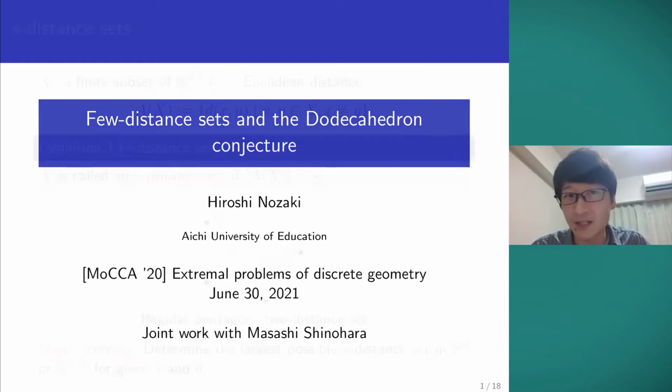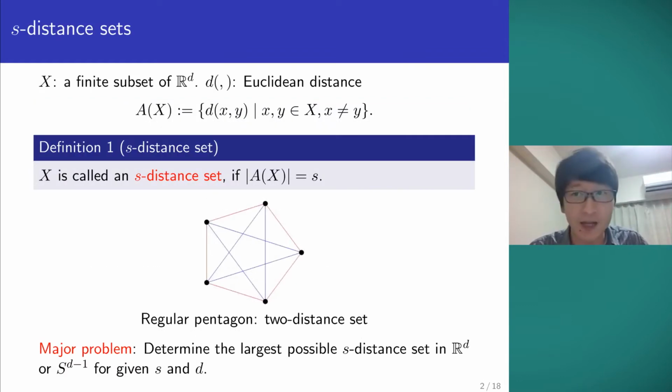So let's start with a simple example and the definition of s-distance set. Let X be a finite subset of the Euclidean space of dimension d, and d denotes the Euclidean distance.